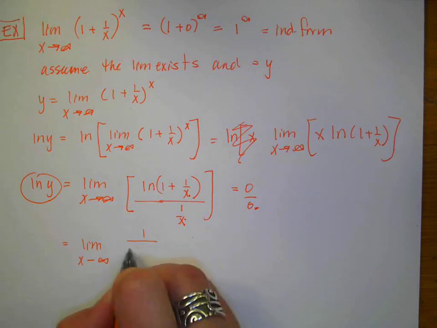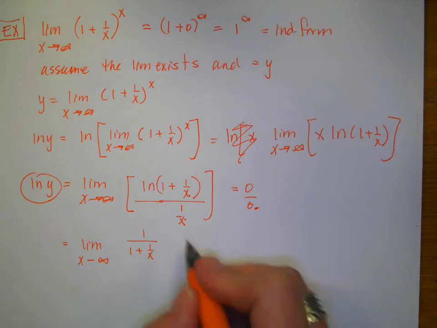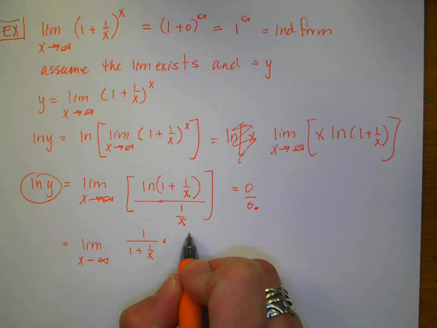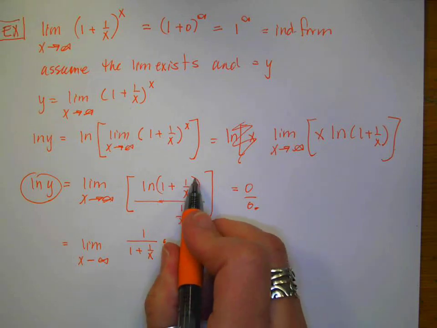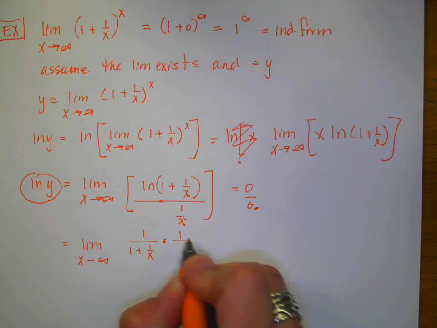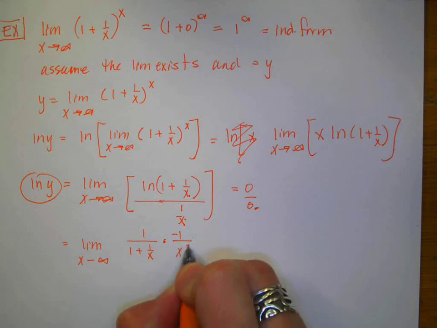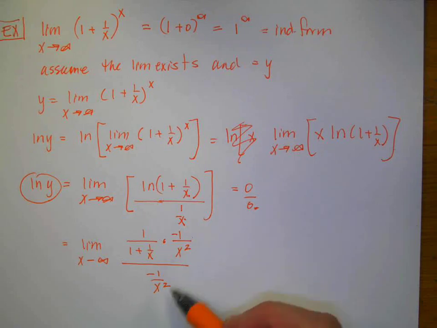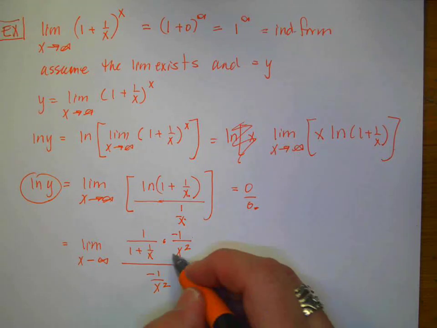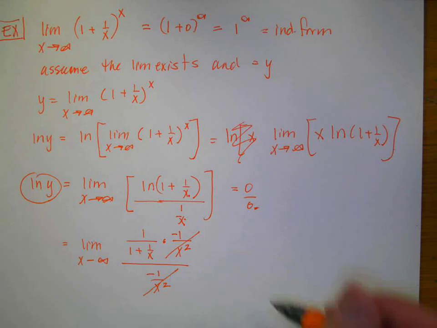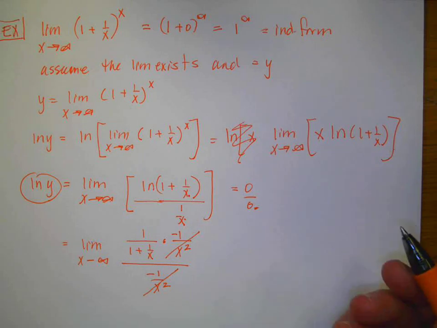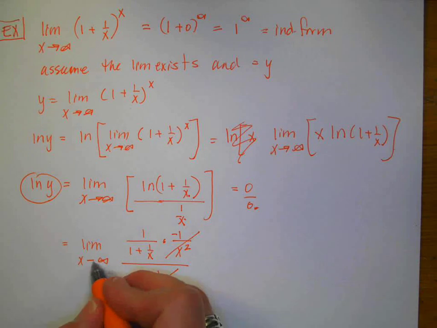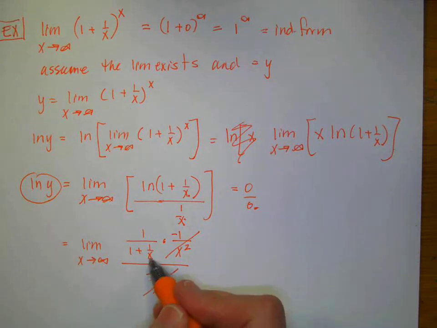The derivative of the numerator is 1 over 1 plus 1 over x times the derivative of the inside, which is x to the negative 1, so negative 1 over x squared. The derivative of the denominator is also negative 1 over x squared. These factors are the same, so they cancel.